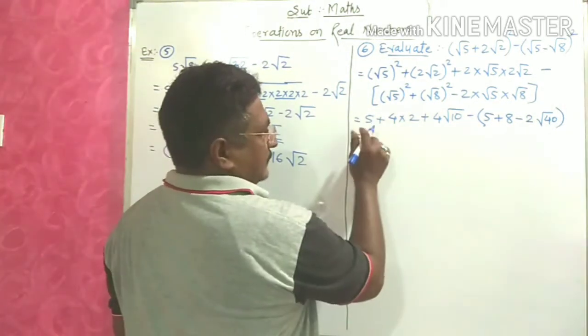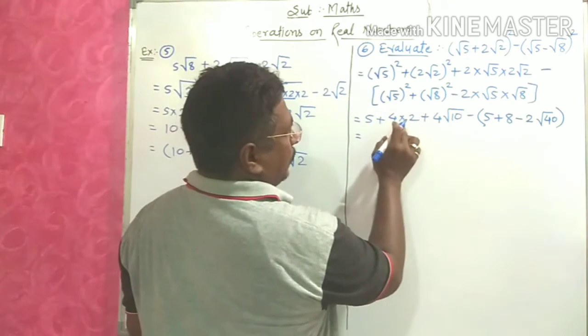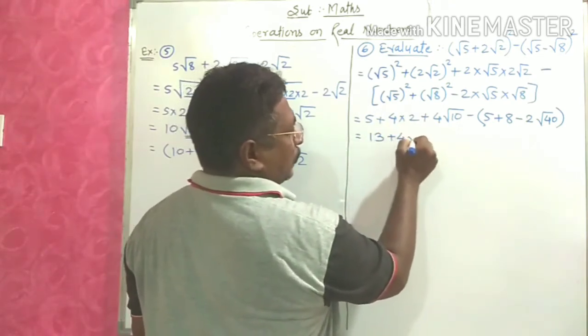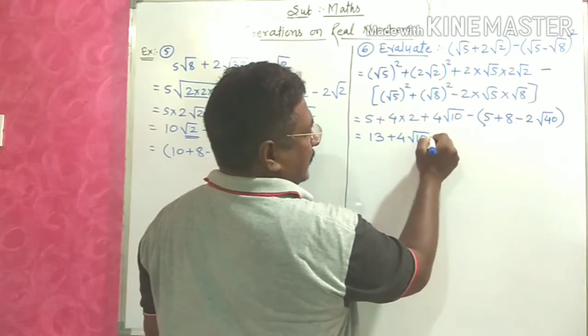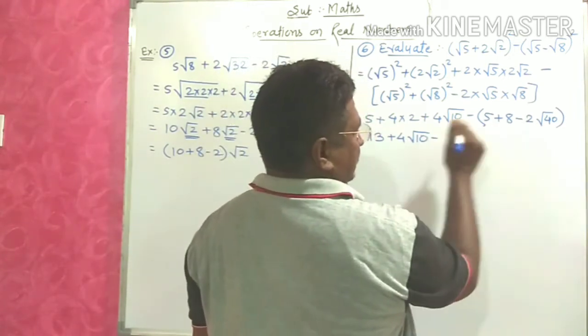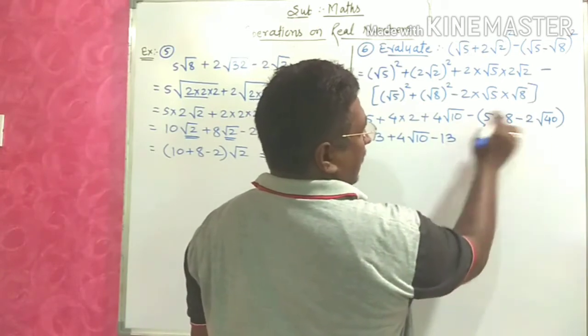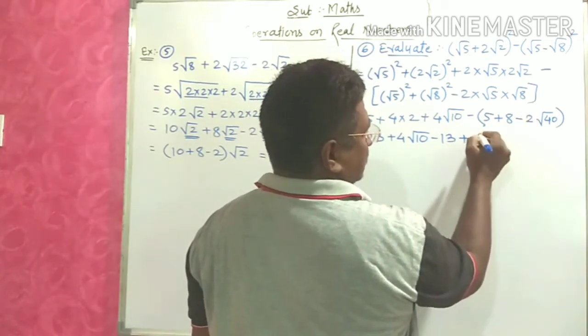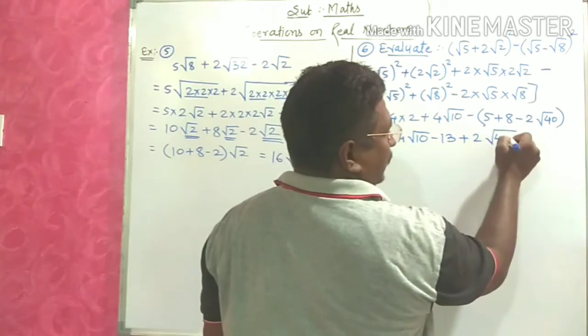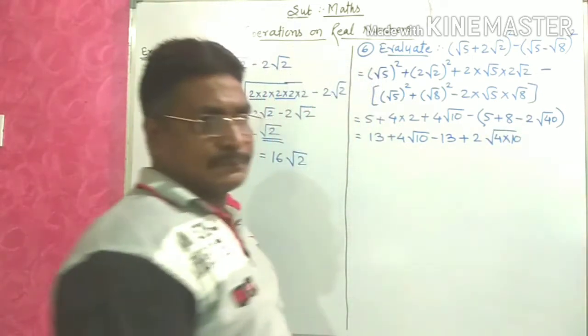Now what will we get? 5 plus 8, 13 plus 4 root 10, minus, so what will we get? 13 minus 13, minus into minus plus 2 root 40. 40 means what? 4 into 10.